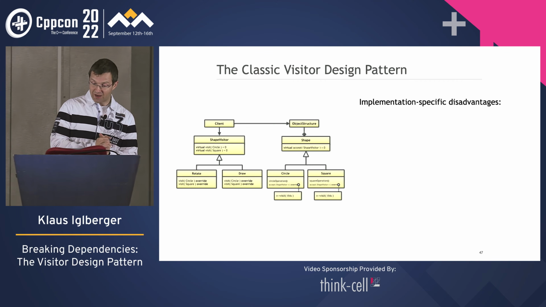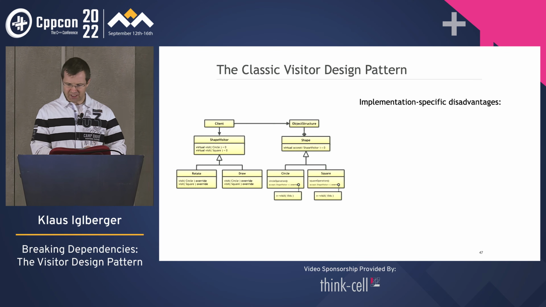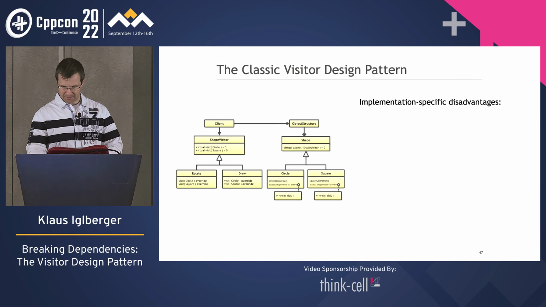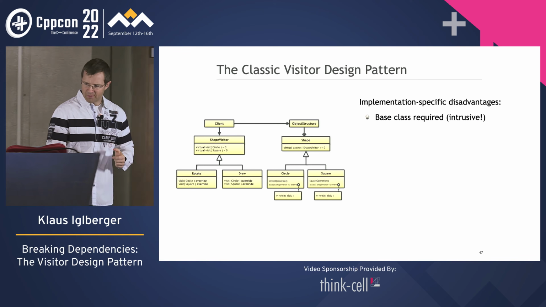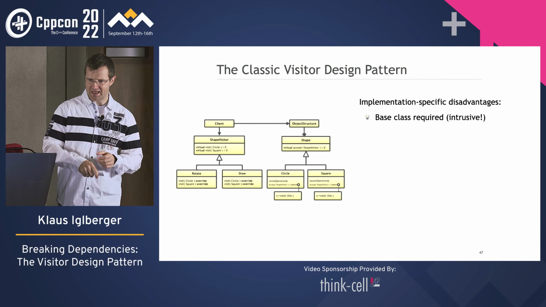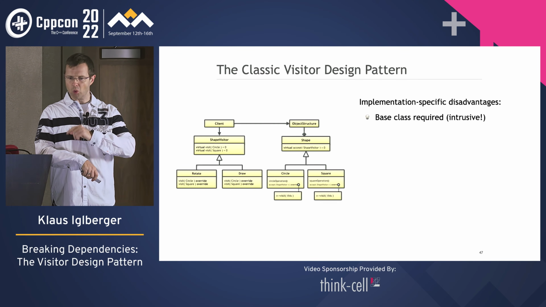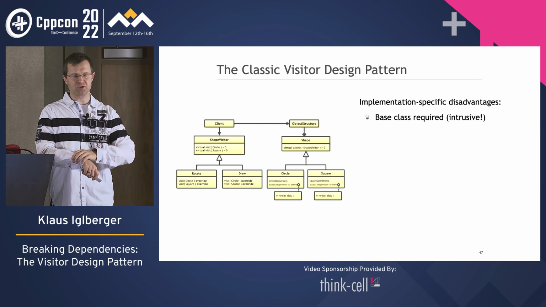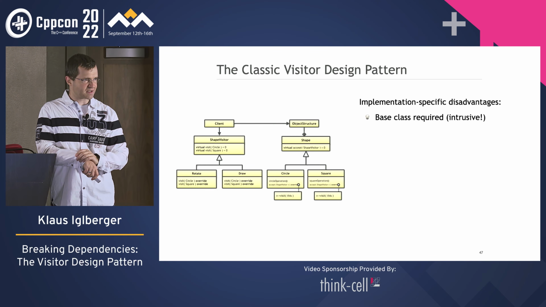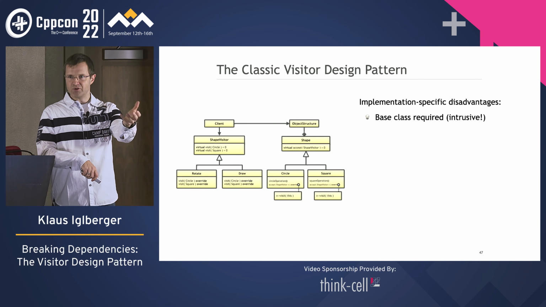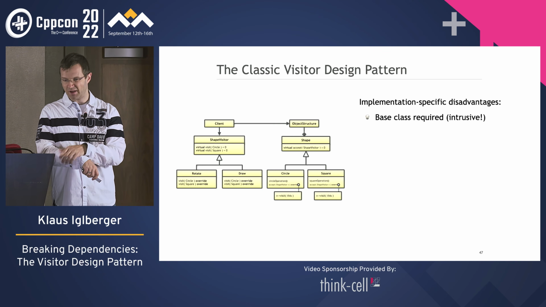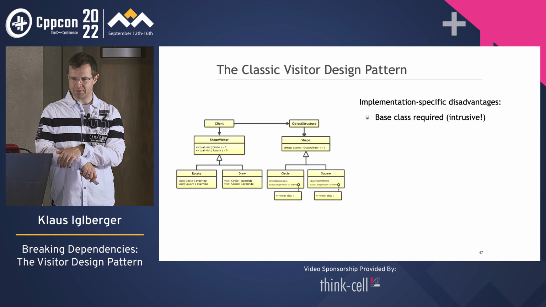Okay, there's a couple of other disadvantages, but they're more implementation specific, not design specific. This kind of programming always requires a base class. And that in itself, unfortunately, is intrusive. So all the shapes, circles, squares, always have to implement the shape base class. If you have a third-party shape, you would have to write an extra adapter to make this happen.